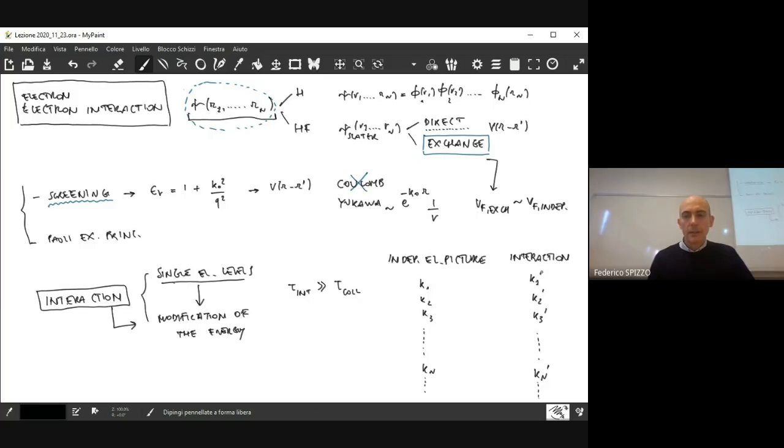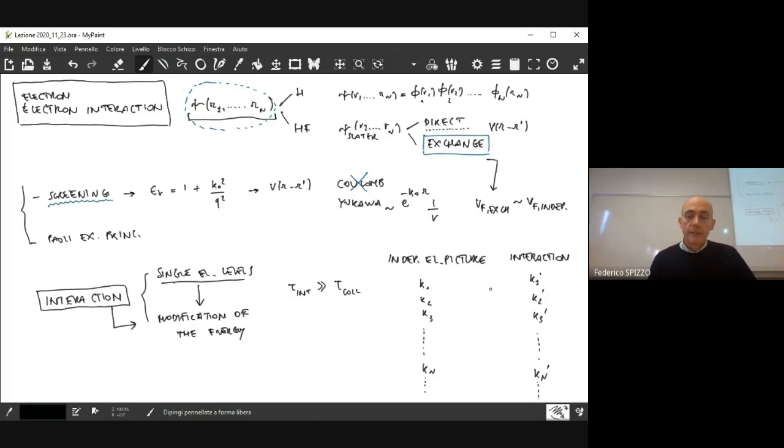Here I just write k prime to say that these are the indexes that distinguish the single electron levels in case we have independent electrons. And these are the wave vectors that describe the single electron levels when we consider the effect of the interaction.